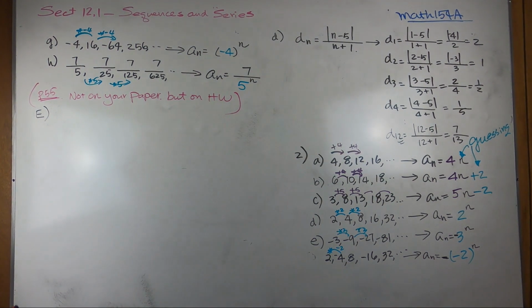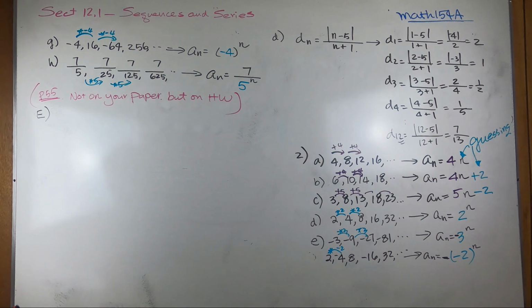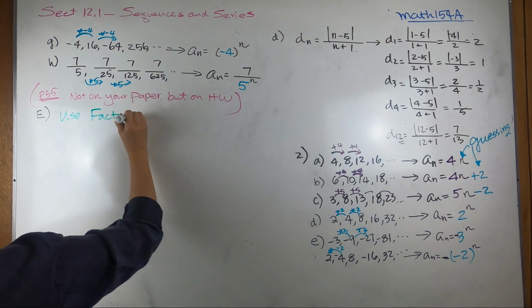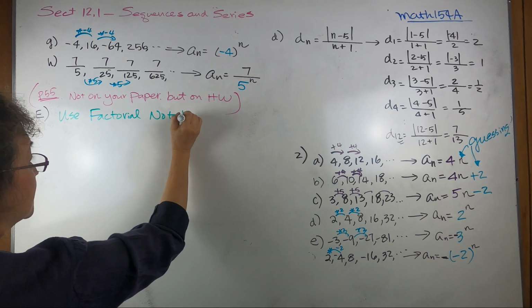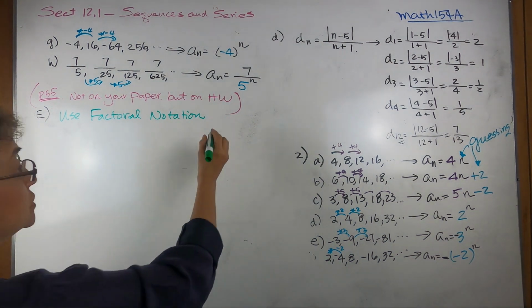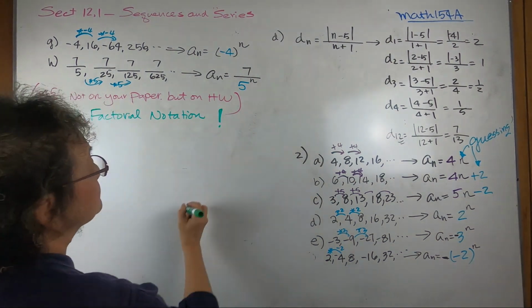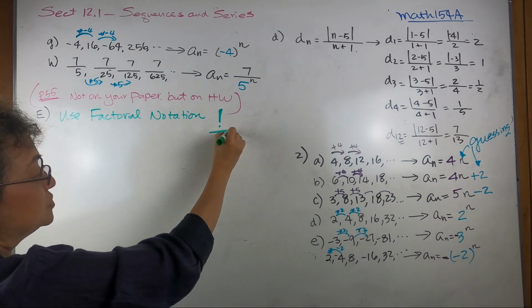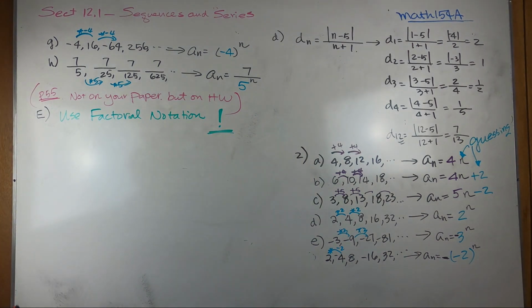It uses factorial notation. It's another notation you will encounter later in all of math, like calculus, pre-calc, or stats. Factorial notation uses this sign, the exclamation mark, which has a special meaning in math.